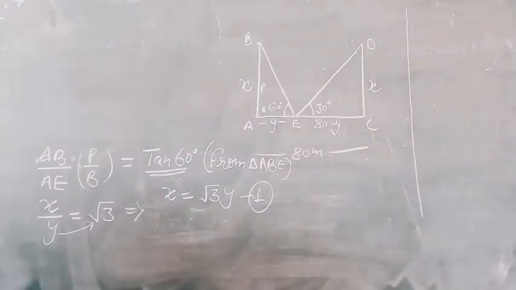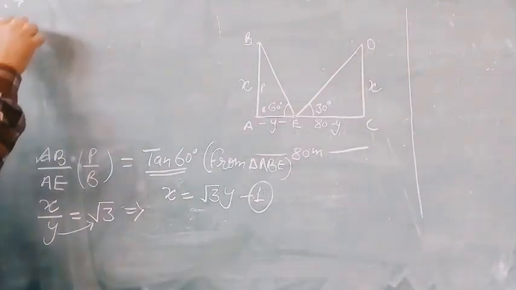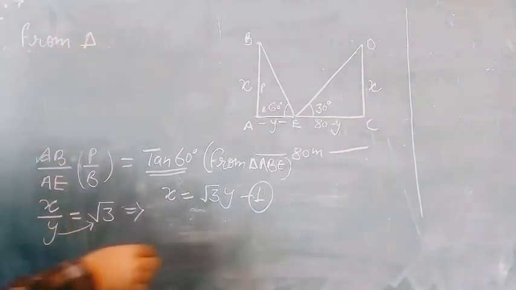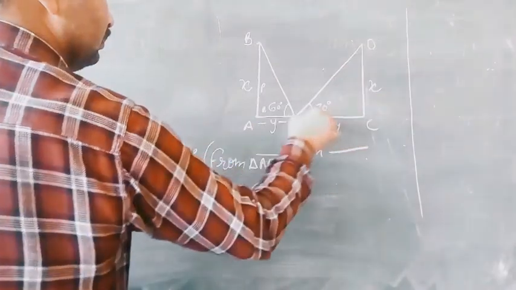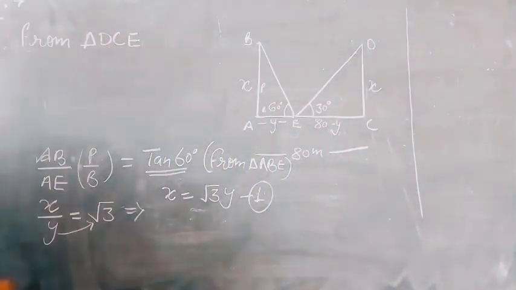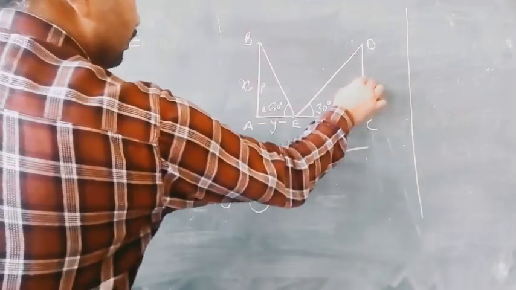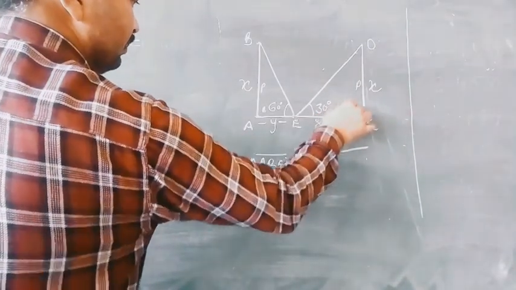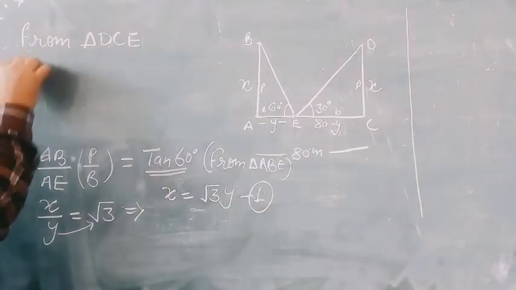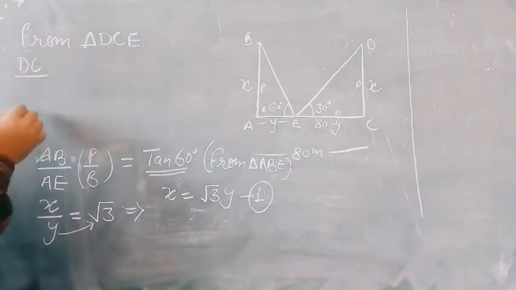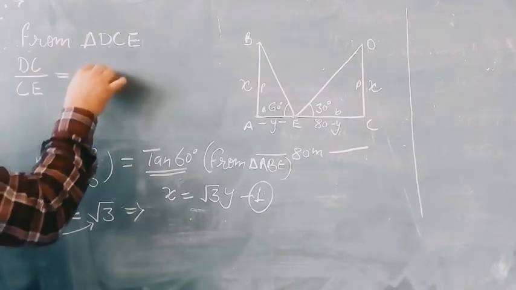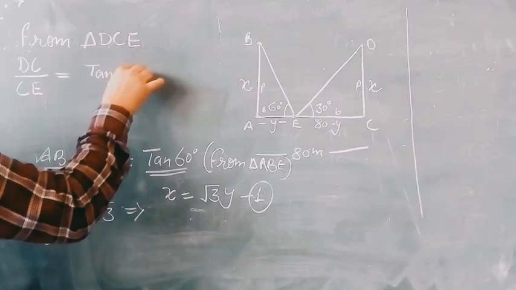Now let us see second triangle, that is triangle DCE. So from triangle DCE, here perpendicular and base are given again. So DC upon CE, again perpendicular upon base, will be equal to tan 30 degree.